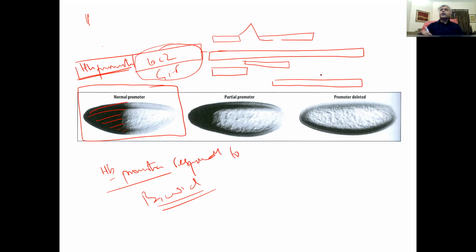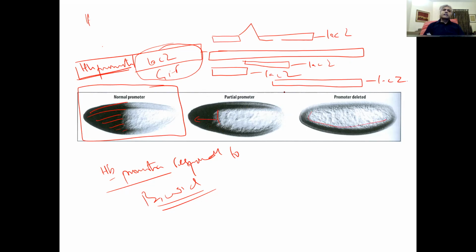So you can make as many truncations as you like. You fuse lacZ with each one of them, make transgenic flies, and stain for expression pattern. Here you can see the expression pattern is disturbed. Here, everything is gone.